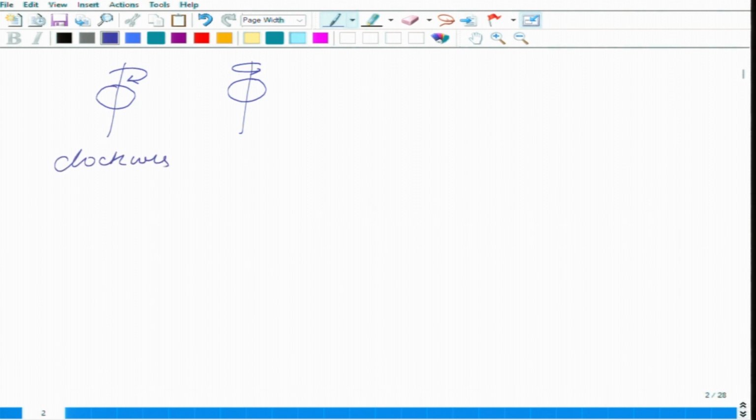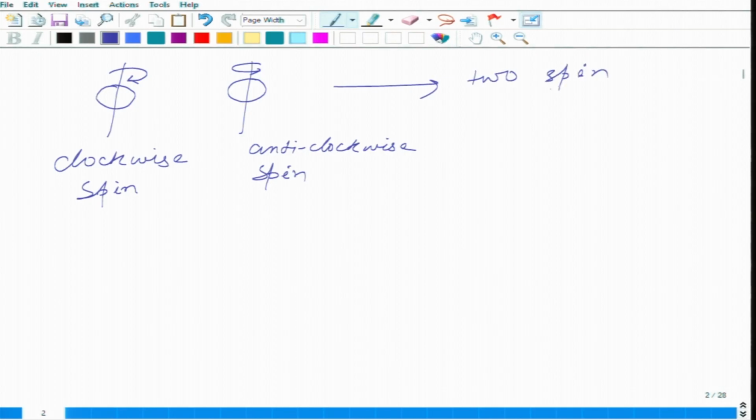This is the clockwise spin and this is the anti-clockwise spin. Due to these two different spins of the electron, there are two spin quantum numbers possible in one orbital.